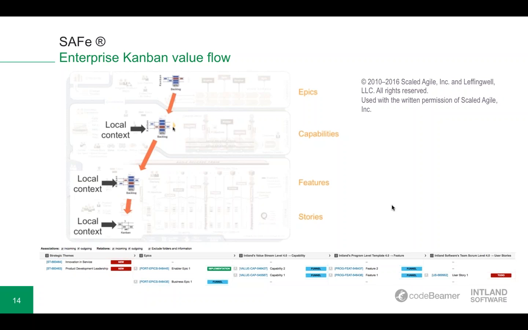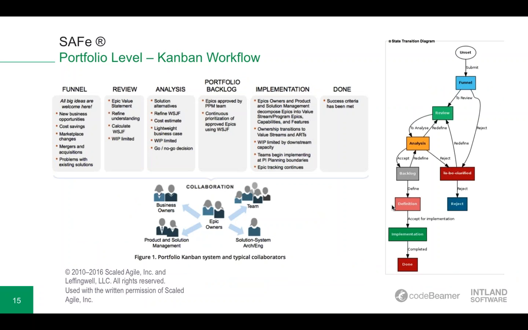And in our pre-configured template, we have configured the WSJF, and Codebeamer provides full traceability on the other hand. So, for example, from the strategic themes to the epics, to the capabilities in the value stream level, to the features on the program level, and then even down to the team level. You can even drive down to the source code if you're actually developing source code or, let's say, software.